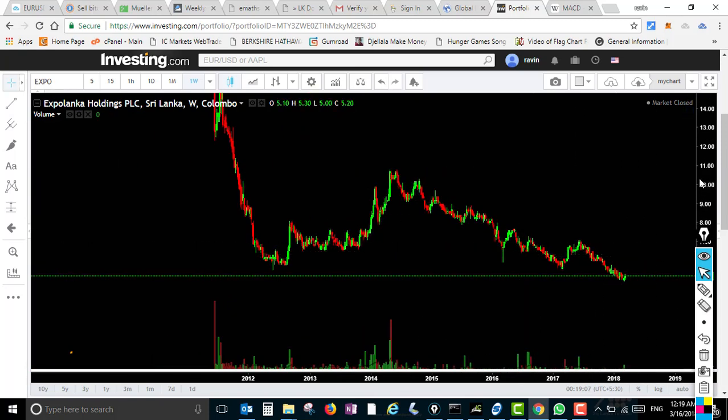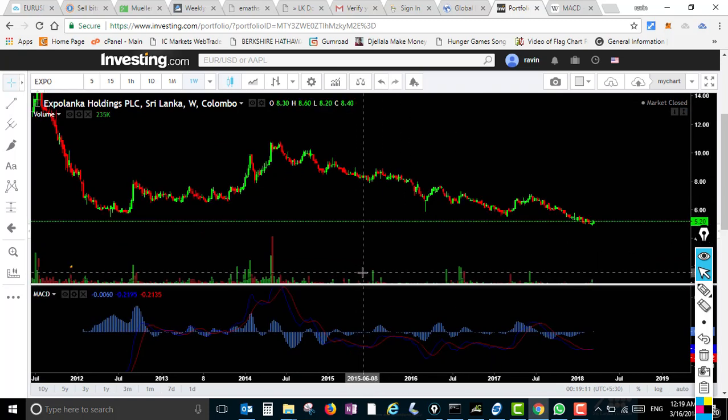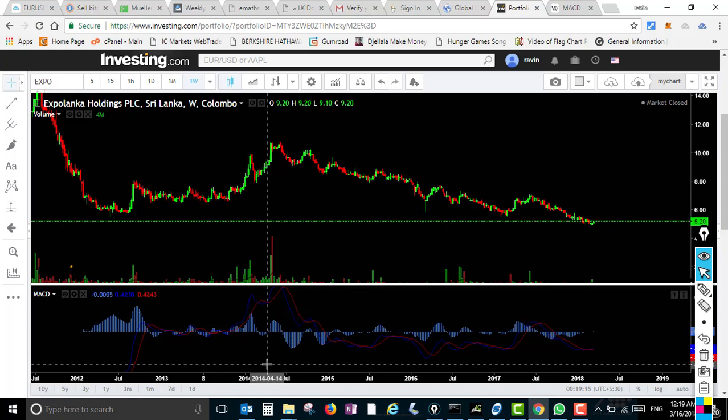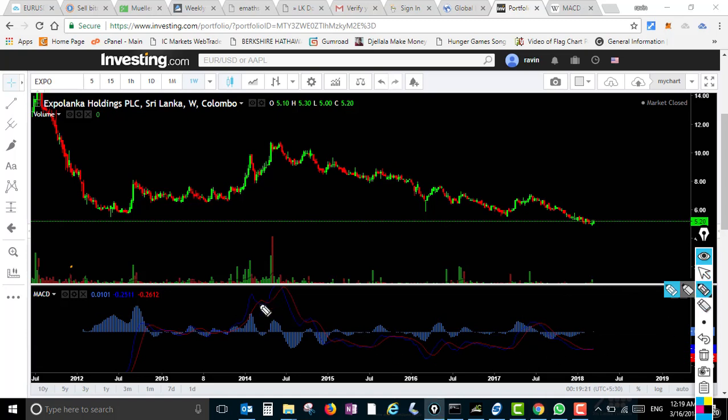Here is the weekly chart, and I will add MACD here. As we mentioned, there are 5 parts, and you can visually see the signal line crossovers. These are the crossovers, and this is MACD.